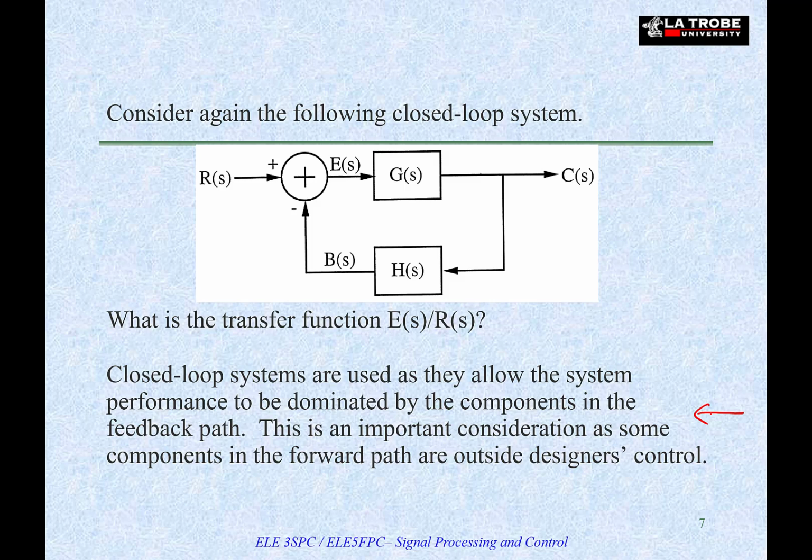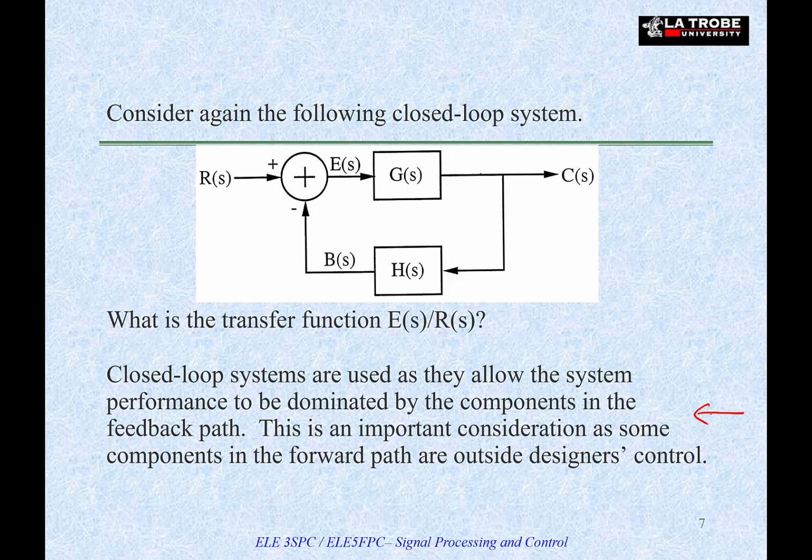This is important because some components in the forward path may be beyond the designer's control. But the components in the feedback path are always within the designer's control.